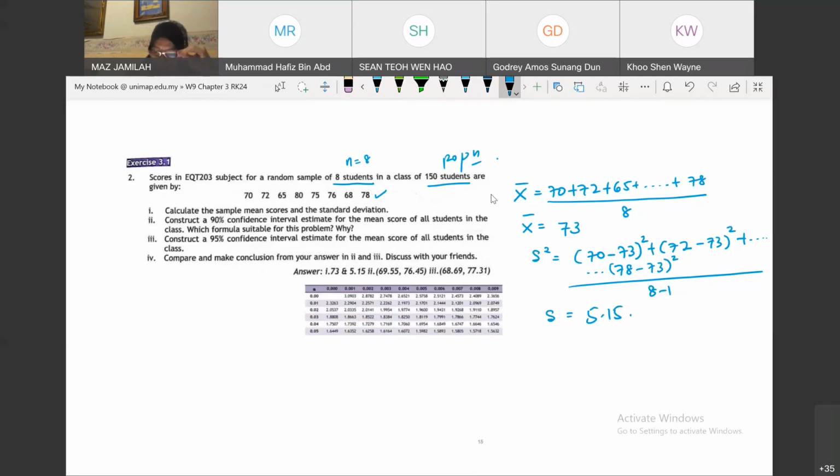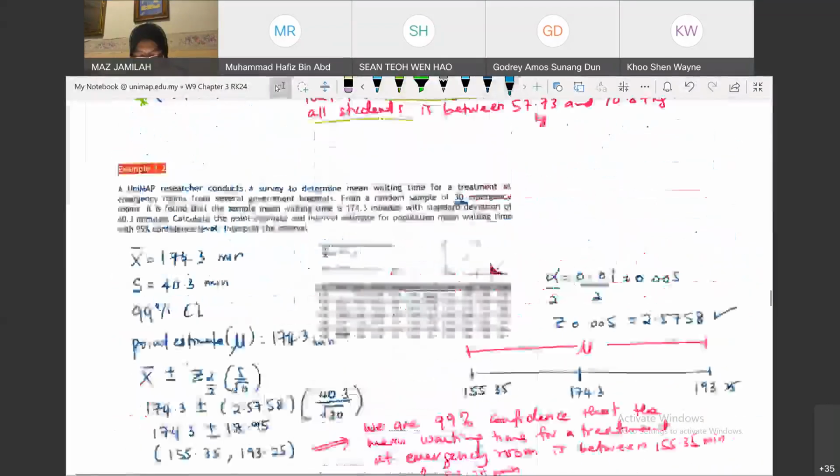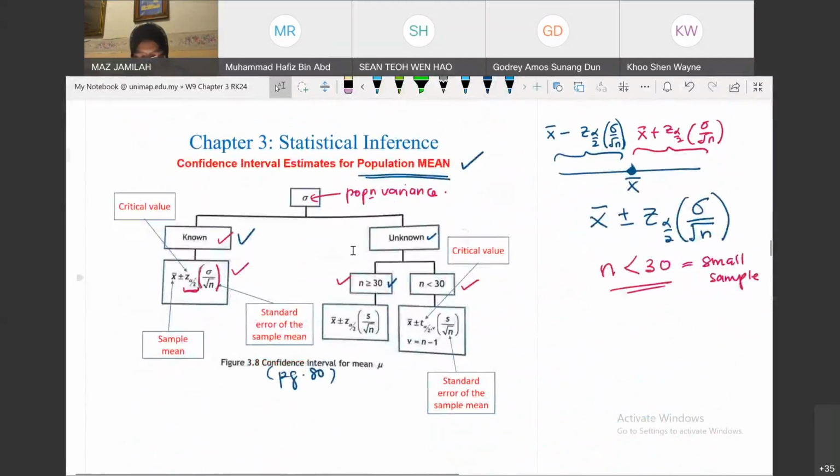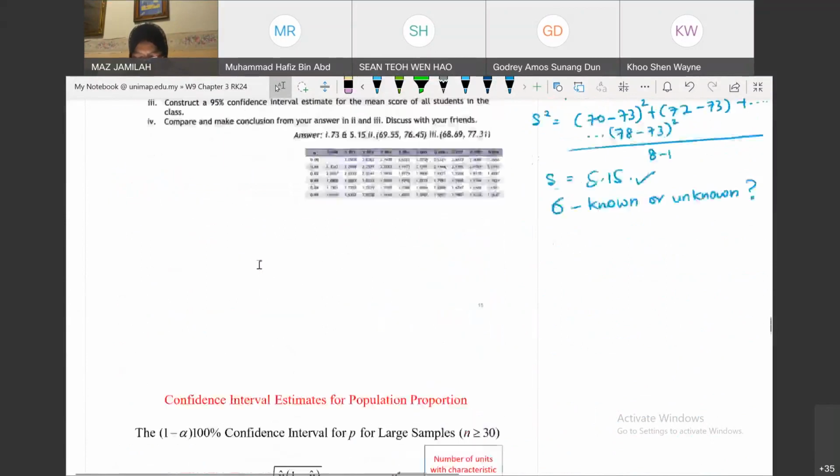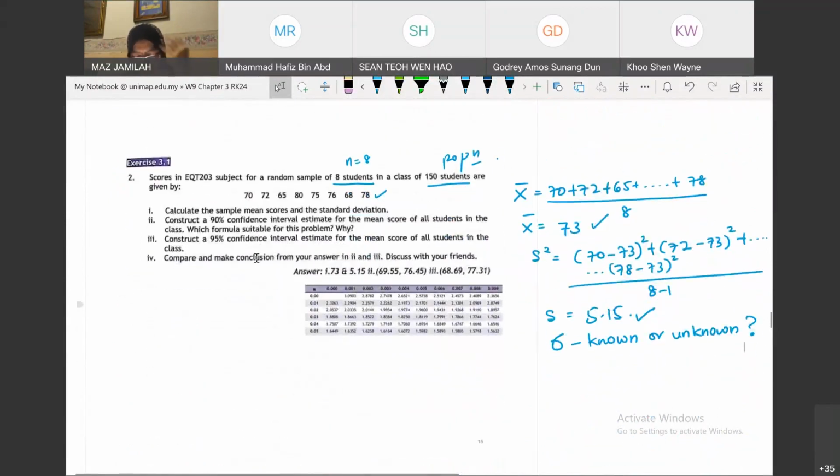So you got your x bar, you got your s, the standard deviation. Now, my next question: is sigma known or unknown? Class, you know that you're going to use this formula, and you need to know whether sigma is known or unknown.